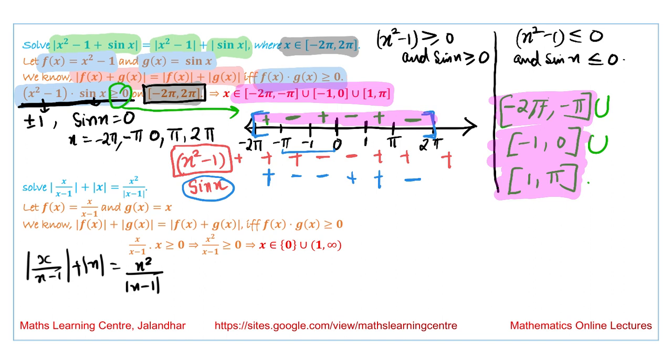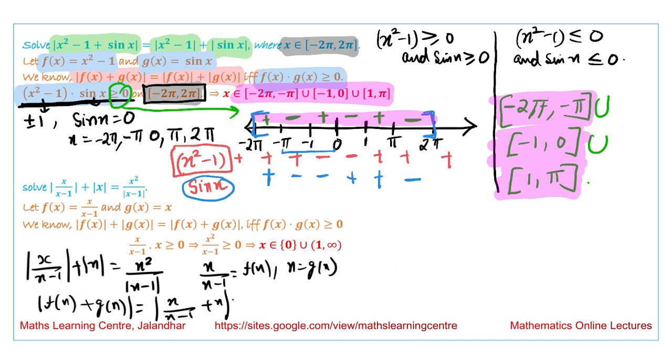So if we consider that x over x minus 1 is equal to f(x) and x is equal to g(x), then mod of f(x) plus g(x) will be equal to mod of x over x minus 1 plus x, which is equal to mod of (x plus x square minus x) over x minus 1, which is equal to mod of x square over x minus 1, and this is basically the function given to us.